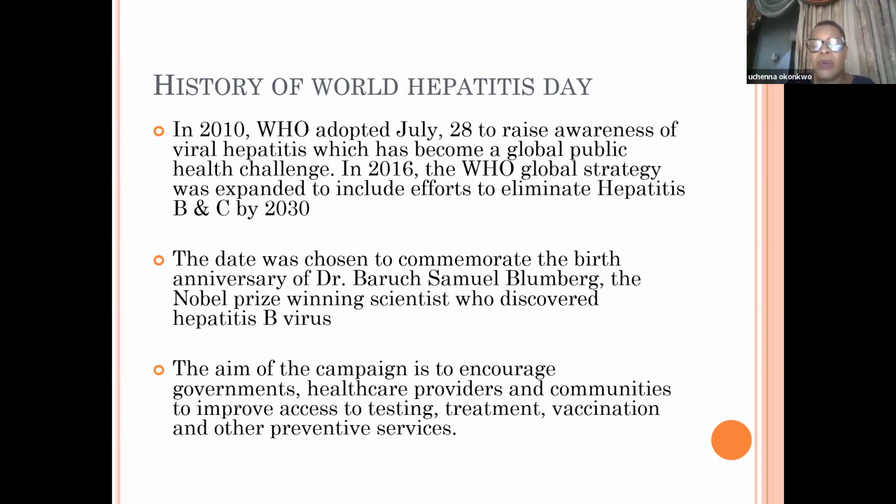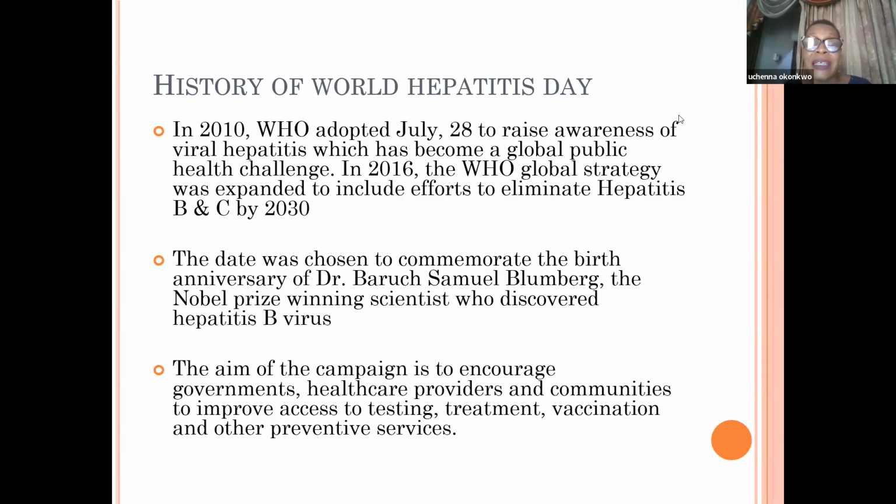The theme for this year's World Hepatitis Day is "Hepatitis: Let's Break It Down." Since 2010, the World Health Organization adopted July 28 as a day to create awareness for hepatitis B and C, because it has become a major global problem worldwide, especially in this part of the world, as we're going to see in the course of the presentation.